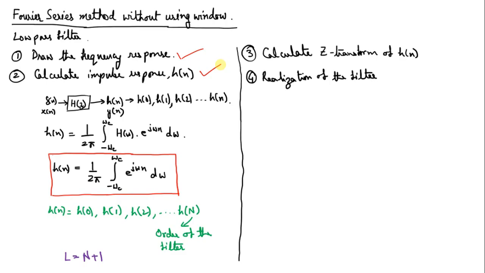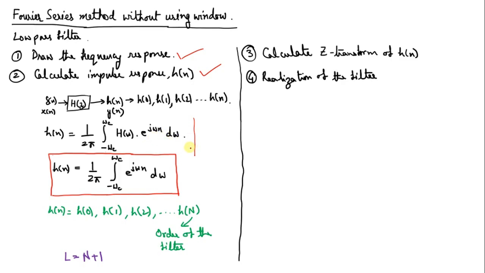Yesterday we have discussed what is impulse response and how we can get the impulse response, right? So as per the Fourier series method, the impulse response can be given by h(n) equal to 1 by 2 pi integration from minus omega c to omega c of H(omega) e to the power j omega n d omega.